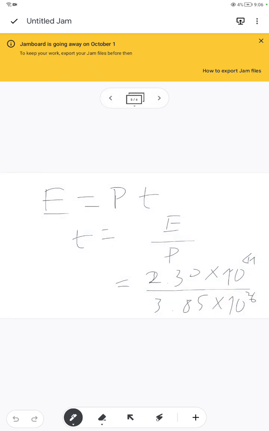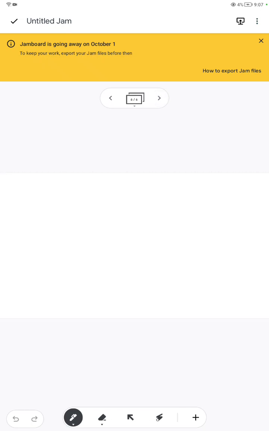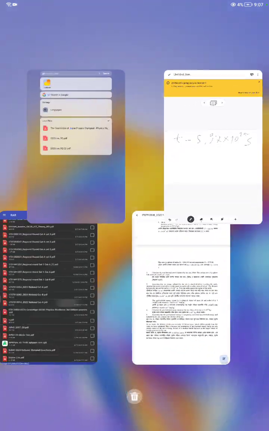We will just use a calculator. 2.30 times 10 to the power 41 is being divided by 3.85 times 10 to the power 26. We get something like, so T equals 5.97 times 10 to the power 14, and the unit will be the SI unit of time, which is seconds. So 5.97 times 10 to the 14 seconds.